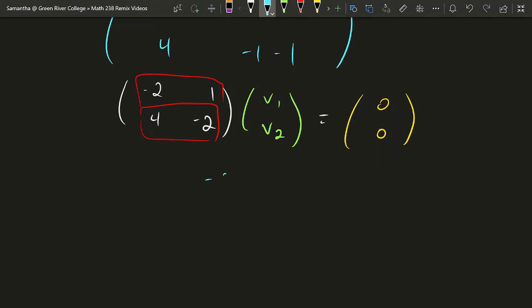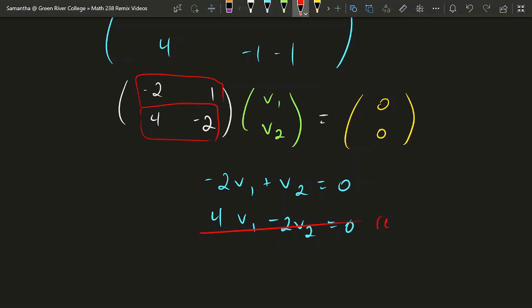So although there are technically two equations that must be equal to 0 here, only one of them really matters, because the second one is just a scaled version of the first. So all I have to do is find v1s and v2s that make this first equation true.